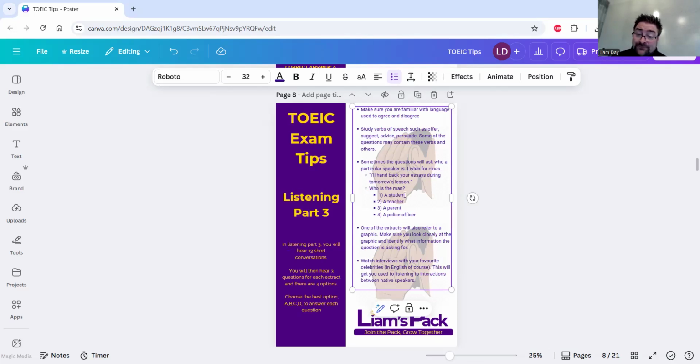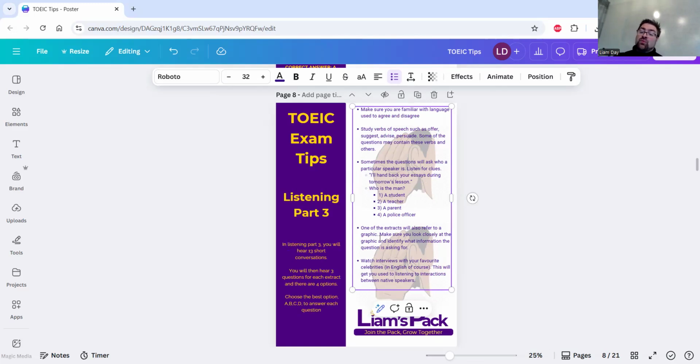Well, hand back your essays tells us that it's something to do with education, which means that it's probably going to be a student or a teacher. And I'll hand back your essays tells you that this is going to be a teacher. A student would say, I'll hand in my essay during tomorrow's lesson.